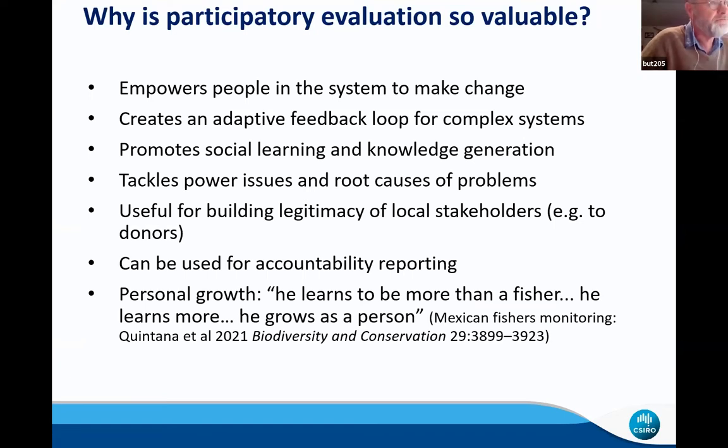So it promotes social learning and knowledge generation amongst everybody. Also amongst us as researchers and implementers, remember, we're also part of the system. It can also tackle power issues and the root causes of problems.